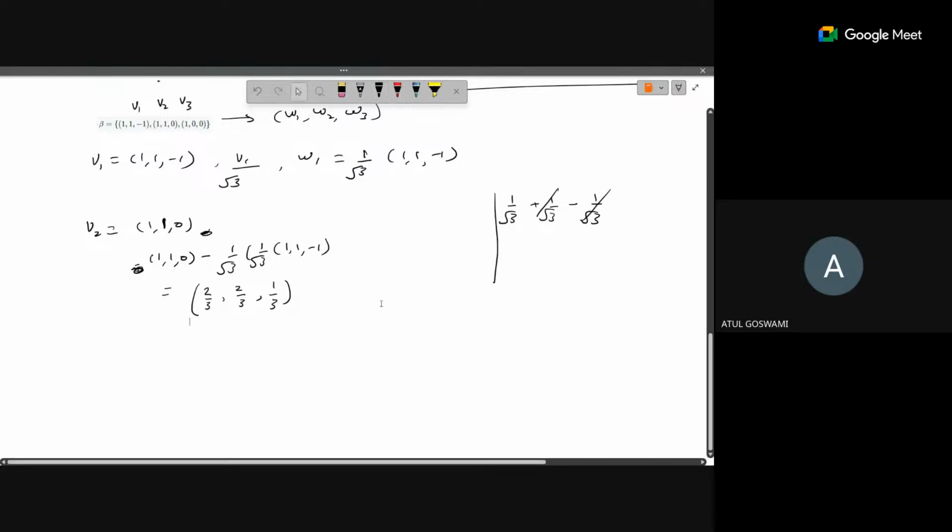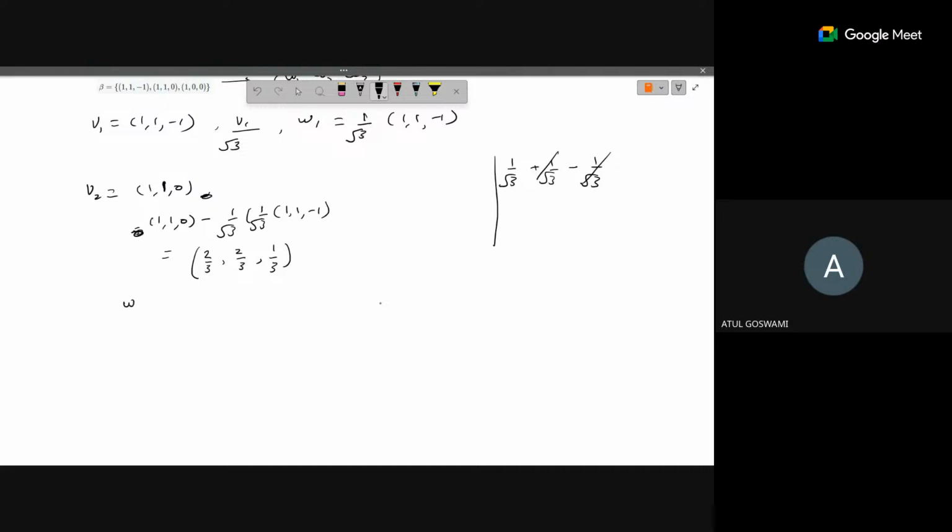Okay, this is v2, and now to get w2, I will divide this vector by its norm. What will be the norm of this vector? It is 1 by 3 times (2, 2, 1), and this has 4 plus 4 plus 1, that is 9, and under root 9 is 3.